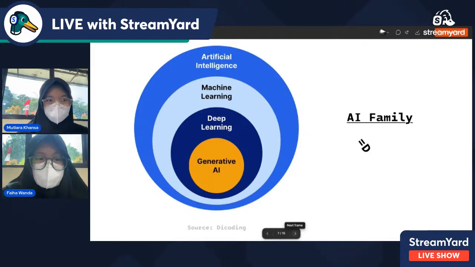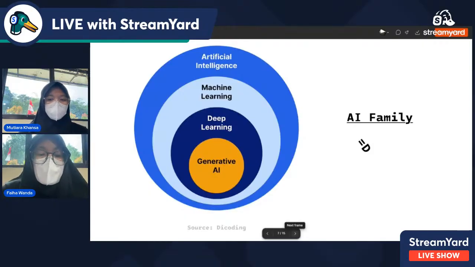Artificial intelligence is the biggest field. Inside AI, we have machine learning. Machine learning allows computers to learn from data without being programmed for every single task. Inside machine learning, we have deep learning. Deep learning uses artificial neural networks, which are inspired by how the human brain works. Because of this, it can solve much more complex problems.